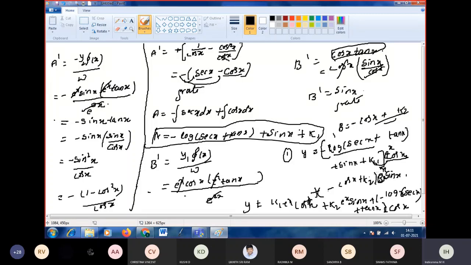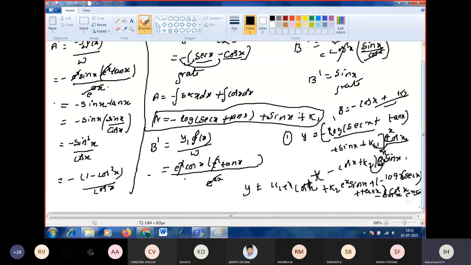Next, minus cos x into e power x sin x. If it is possible to take the term common, you take the common and simplify.